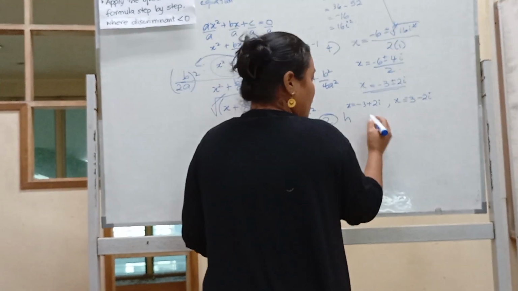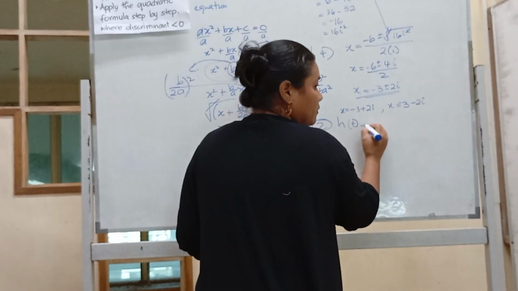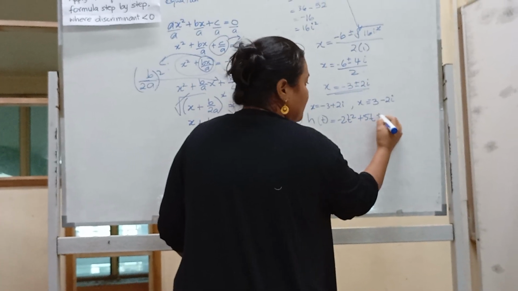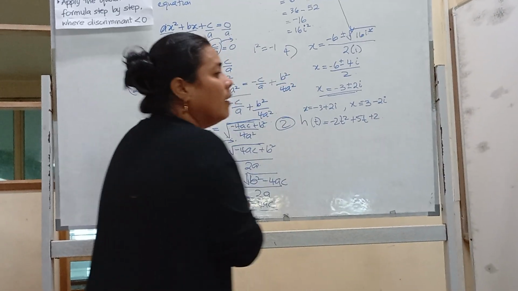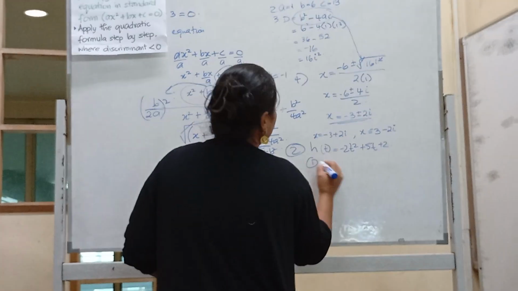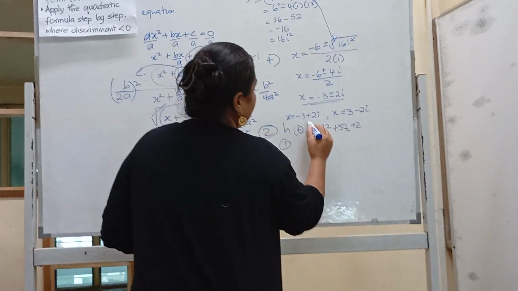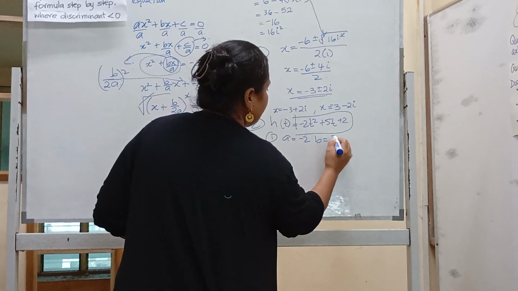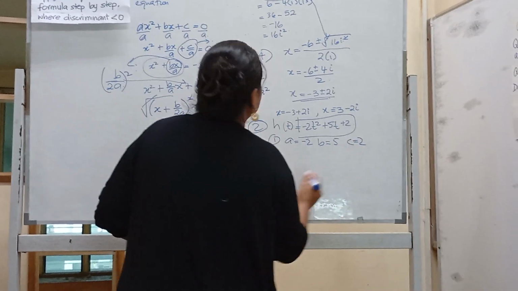Okay, h(t) is equal to negative 2t squared plus 5t plus 2. The same with that one. Step 1, it's already in the form of that. A is negative 2, B is 5, and C is 2.